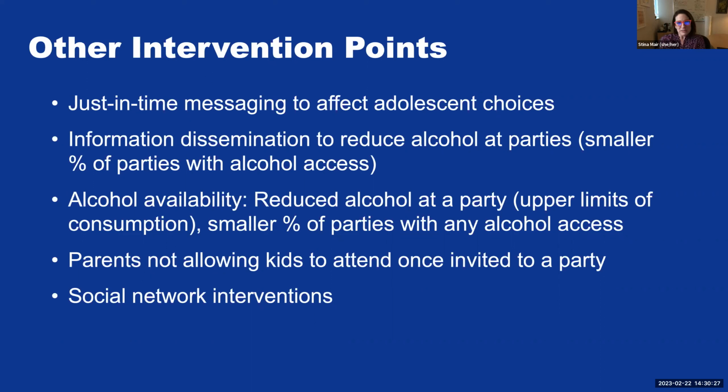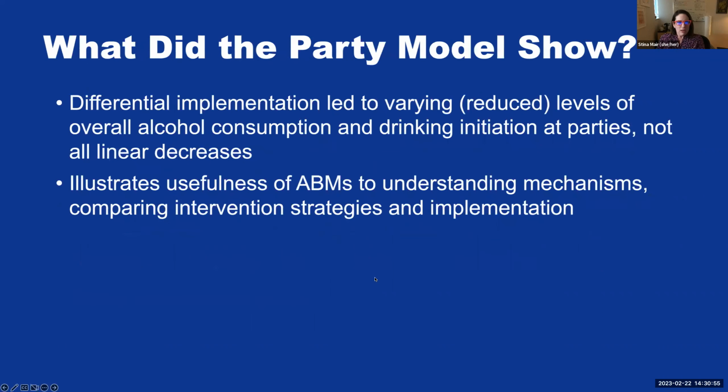So a smaller percentage of the parties have any alcohol access, or there's a limit, like a maximum amount of alcohol at a party, and it runs out soon because it's more expensive or harder for an adolescent to get their hands on. Or maybe we bring in that kids have parents, and so maybe parents are less likely to allow their kid to go to a party where there's alcohol because there's improved parent-kid communication, or a social network intervention, right? So there are lots of different points there.